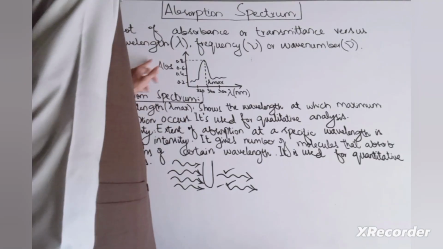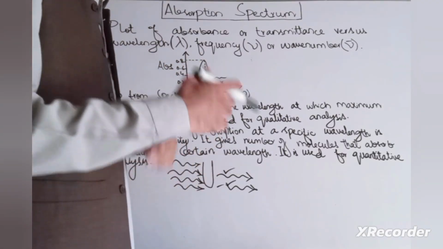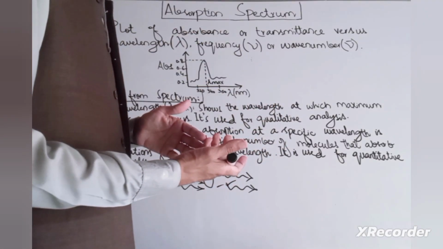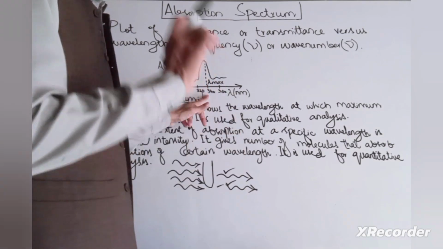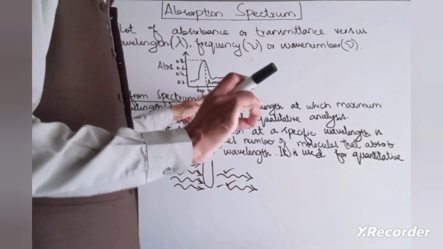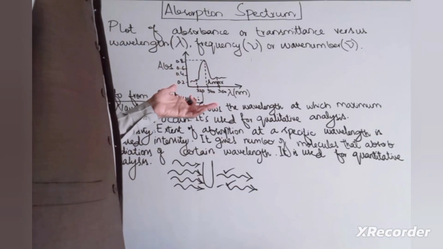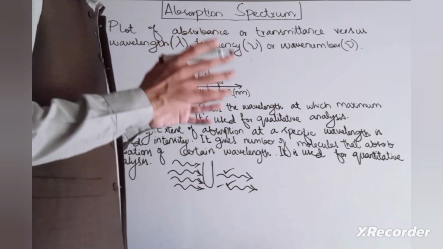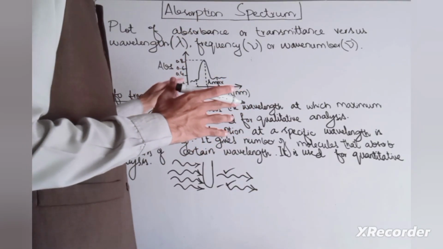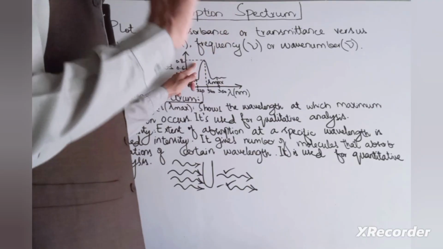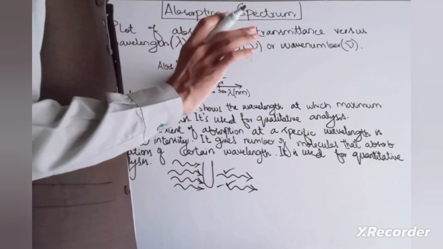On this side, it shows how much absorbance has occurred. Absorption has also occurred at this point. So there are many absorptions, as I mentioned earlier, many energy levels, but we are most concerned with the highest peak in the spectrum.